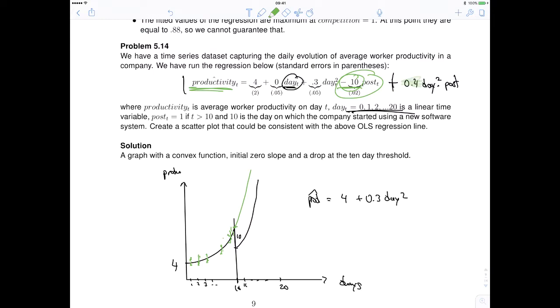So in the post area, it's not going to change by 0.4. It's going to change by 0.4 plus 0.3, so it's going to change by 0.7, right? So it's true that this got lower, but if I had this extra bit here, then it could have been something like this. Okay, it could have been something like that.